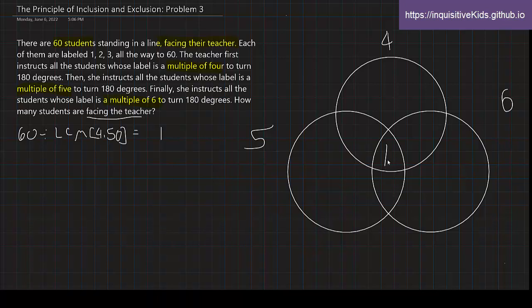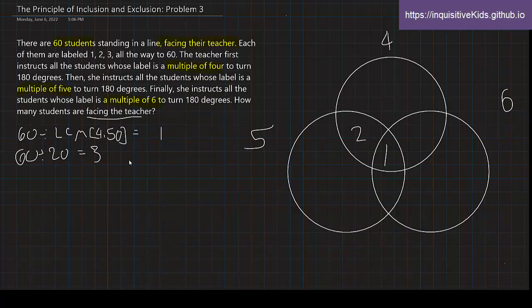And then we can think about how many people are multiples of both 4 and 5. Well, for 4 and 5, that's 20, and 60 divided by 20 is 3. Remember, we're not going to put a 3 right here because 60 is one of these. So 3 minus 1 is 2.